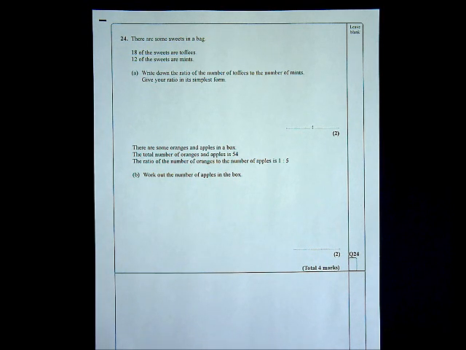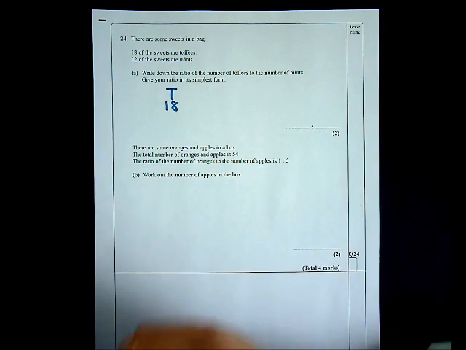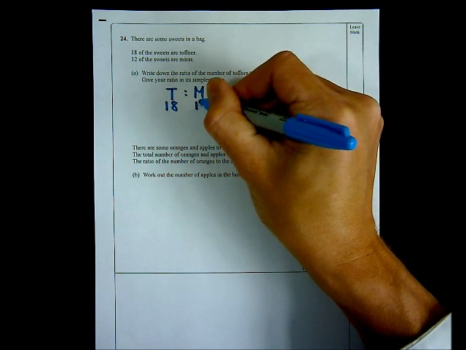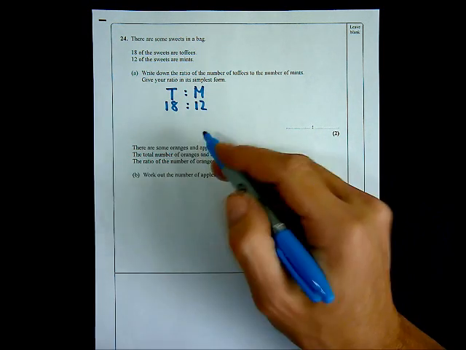On question 24, I'm told there are some sweets in a bag, and that 18 of the sweets are toffees. I'm told that 12 of the sweets are mints, and I'm asked to write down the ratio of the number of toffees to the number of mints, which I've just done.